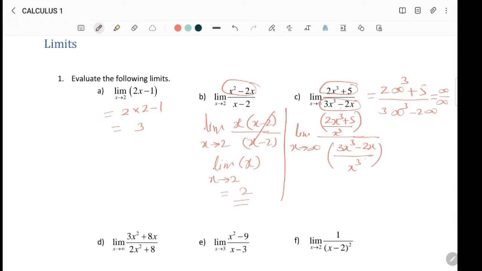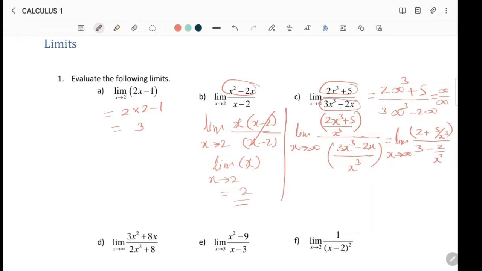You know that if you divide numerator and denominator by the same quantity, nothing will change. Now the limit as x tends to infinity becomes 2x cubed over x cubed, that's 2, plus 5 over x cubed, and in the denominator 3x cubed over x cubed, that is 3, minus 2x over x cubed, which becomes 2 over x squared.